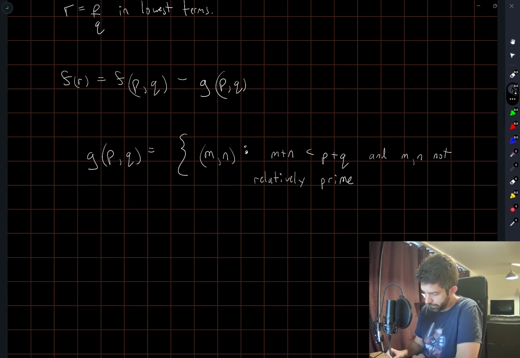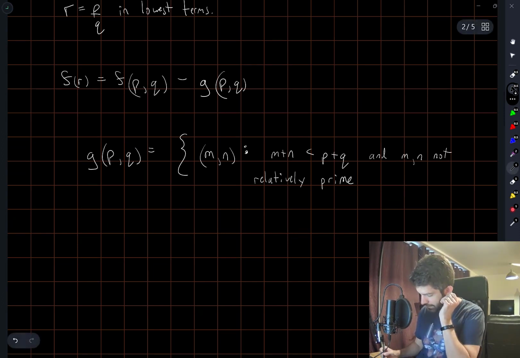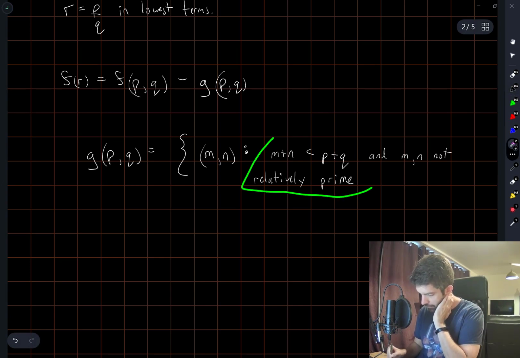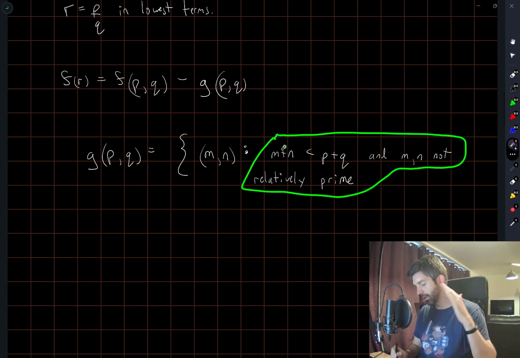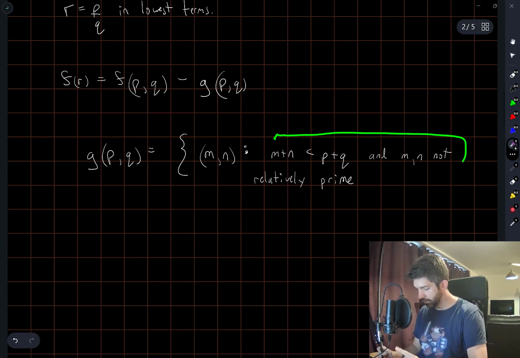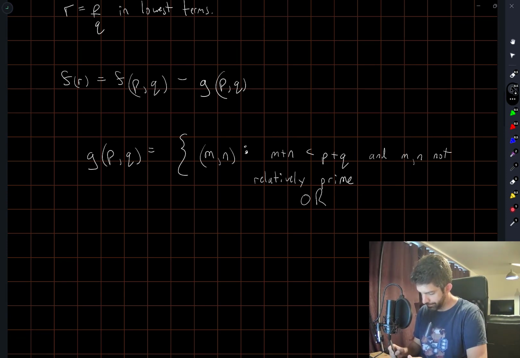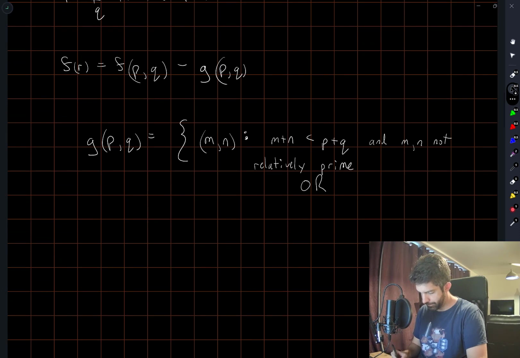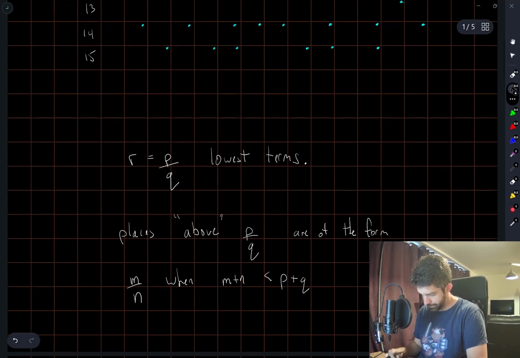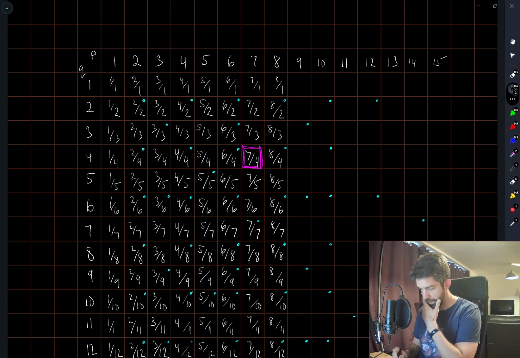So this handles all of the squares to the top left of the diagonal that we're concerned with. But we also need where m plus n is equal to p plus q, with, I guess, m strictly greater than p.